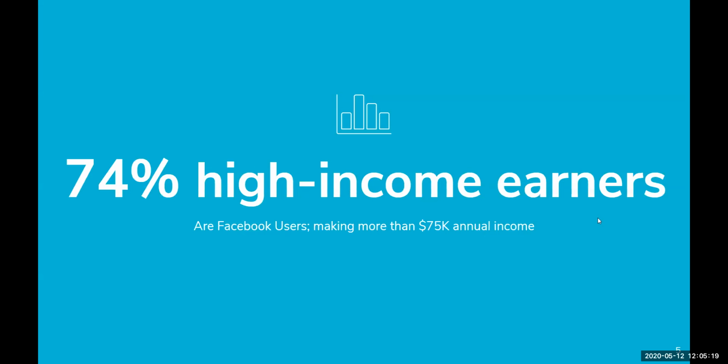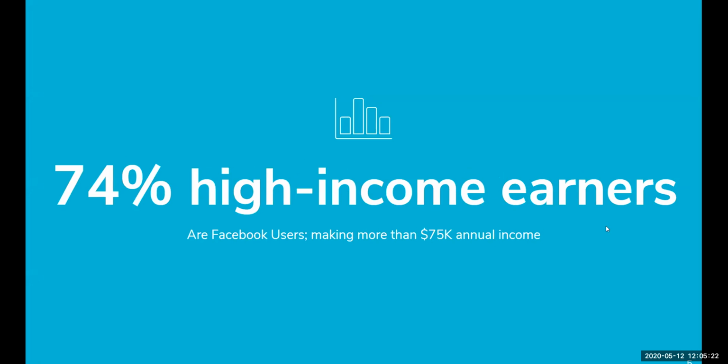This is another interesting stat that I wanted to throw out here because I know a lot of us are on Facebook because we want to attract new customers. Facebook has 74% high income earners. So out of 100%, 74% of all Facebook users are high income earners, meaning they're making more than 75K annual income. I found that was a pretty interesting stat.